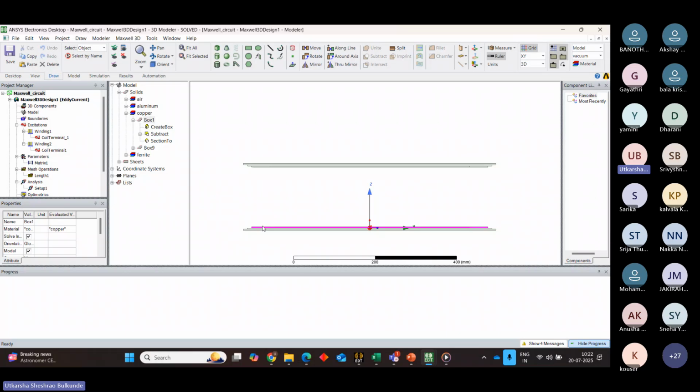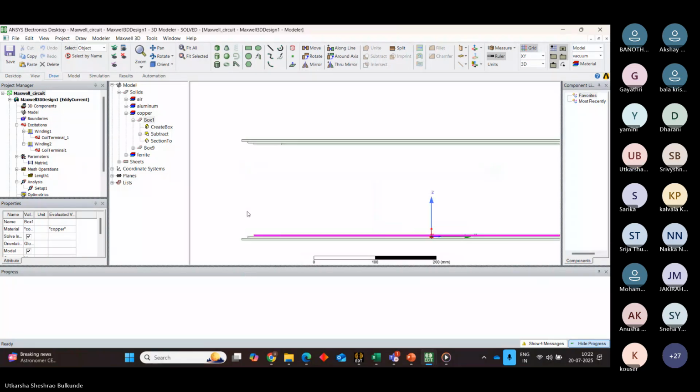So we have the coil, then we have ferrite, and then we have aluminium here. All this can be simulated with the help of this drop box, right?